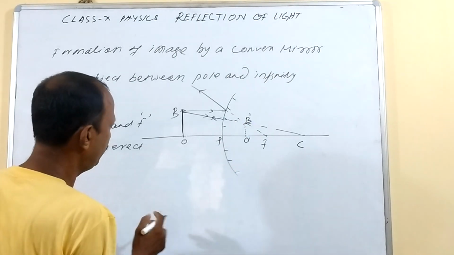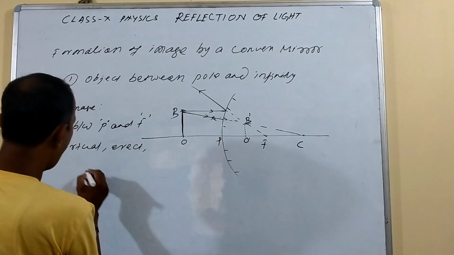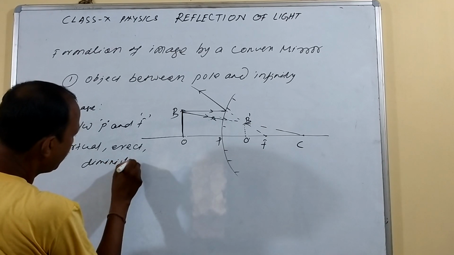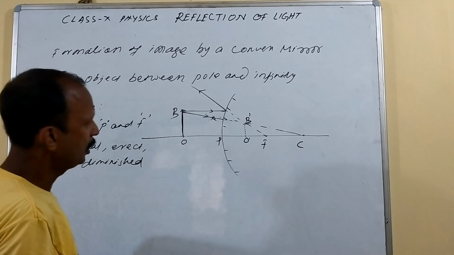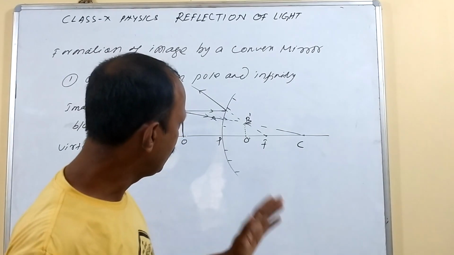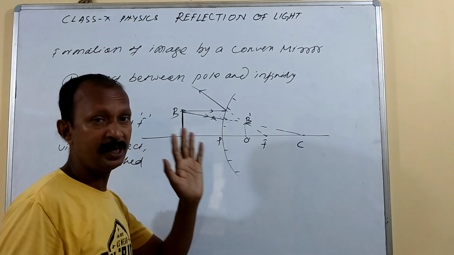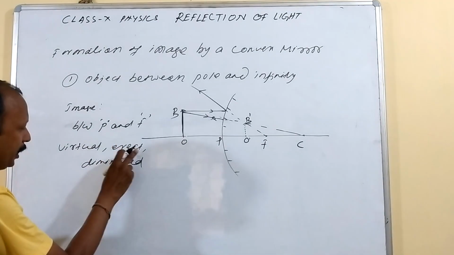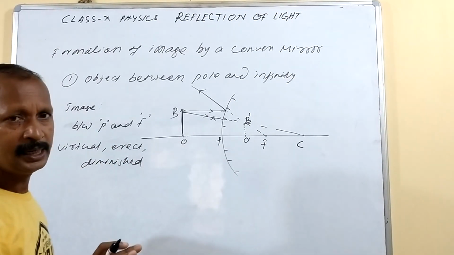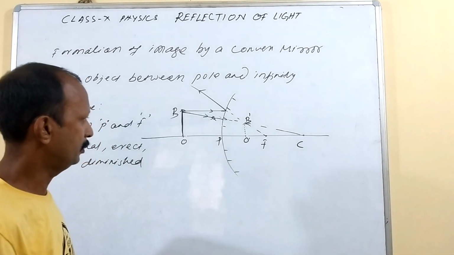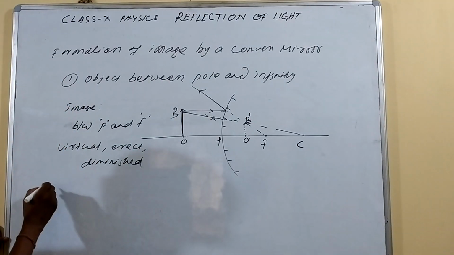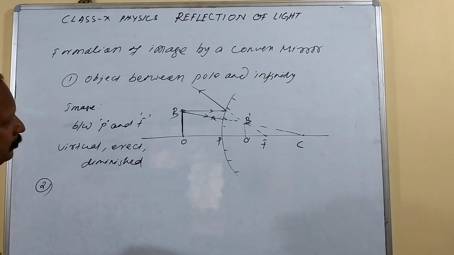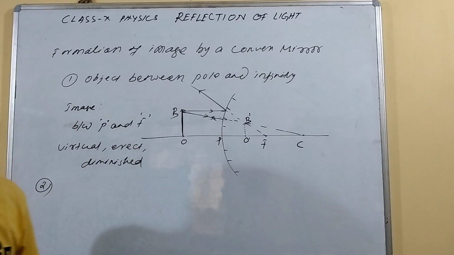And the size is small, so I can write this is diminished. So the image is formed here behind the mirror. That's why it is virtual, erect and diminished. Clear? Next one.